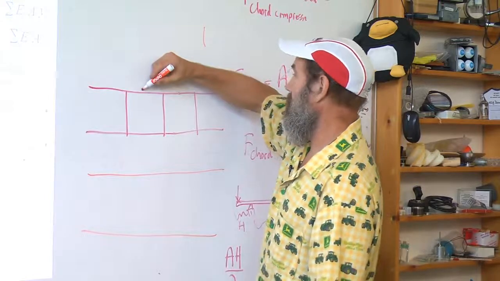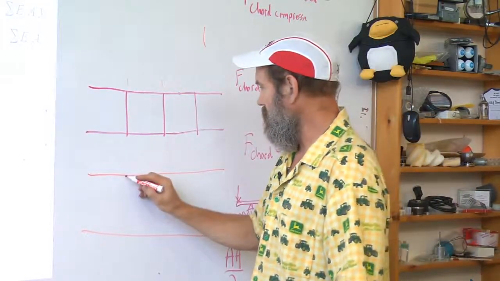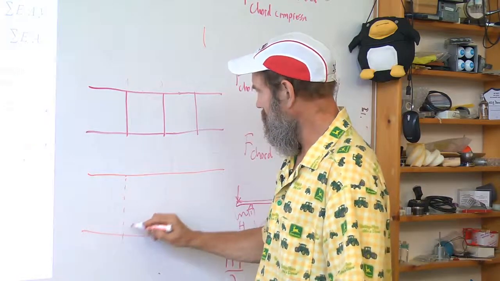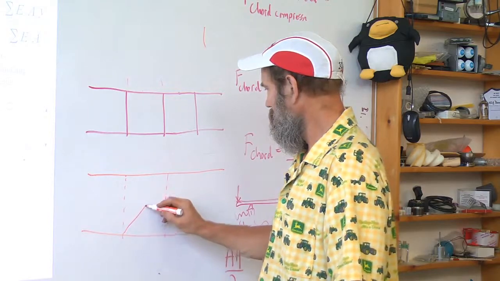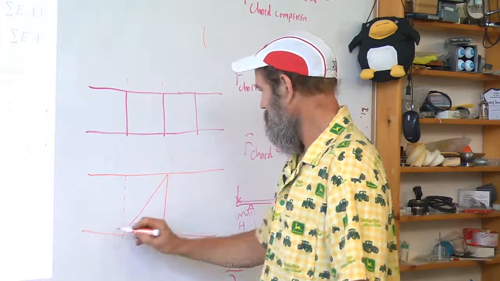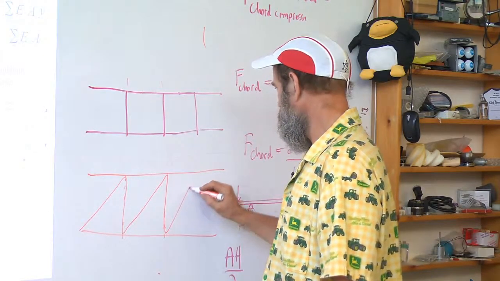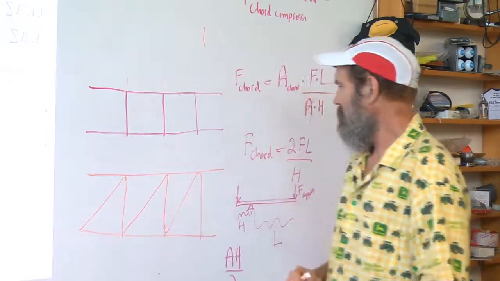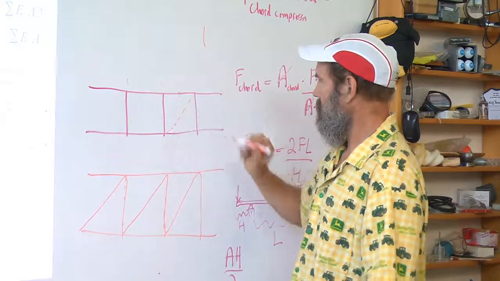I calculated this is the length that won't buckle. So why am I insisting on this shape? See, that's this, but I've added a diagonal, right?